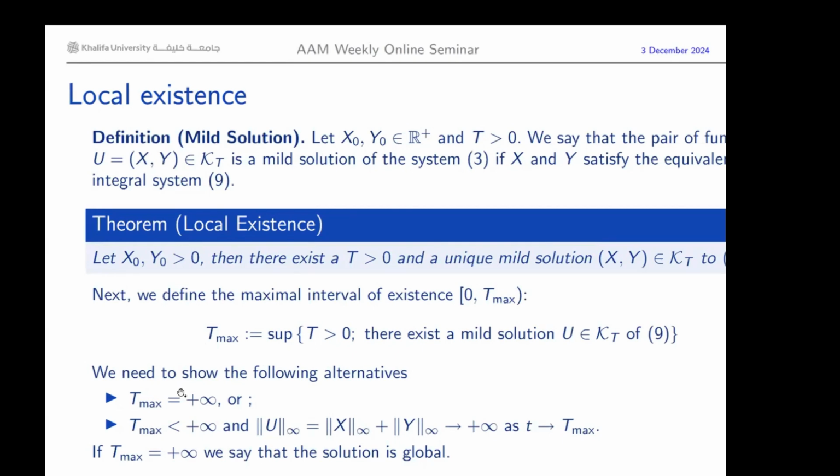For example, if our solution is exponential growth, it exists at all time, but it is unbounded. So sometimes to show the existence of the blowing up solution, it is not enough for us to show the existence of the continuous growing solution. We need to still show the blow up.